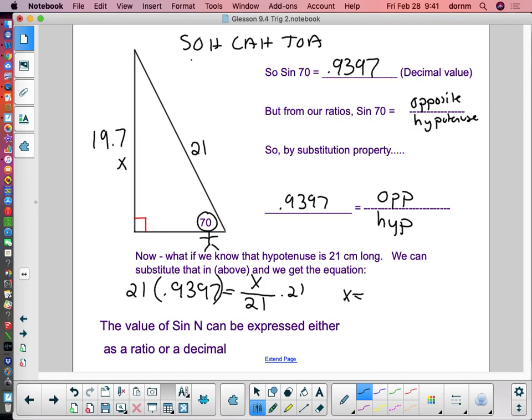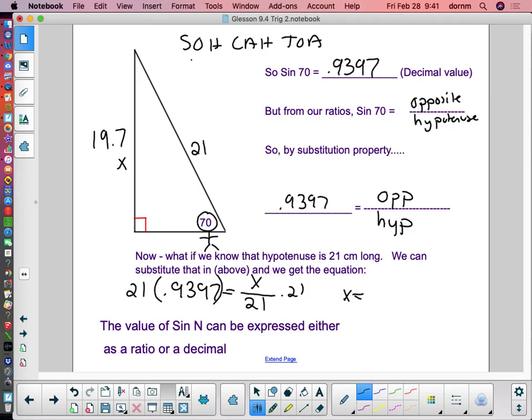We just found the unknown side of a triangle using trig. That's essentially the one thing we're going to be doing today: using trig to find the unknown side of a triangle.